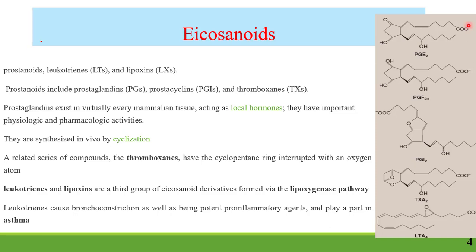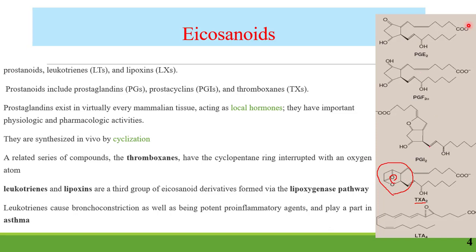A related series of compounds, thromboxanes, have a cyclopentane ring interrupted with an oxygen atom, or oxygen ring. These different icosanoid fatty acids give rise to three groups of icosanoids characterized by the number of double bonds in the side chain.